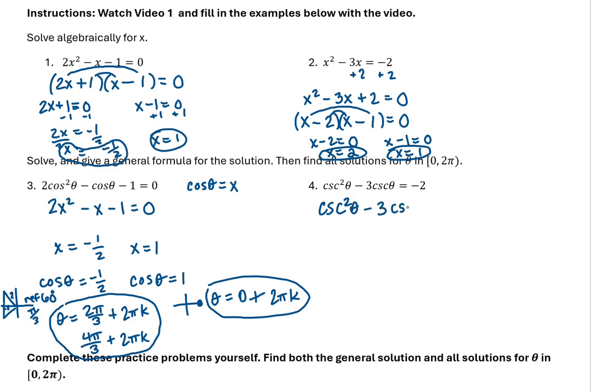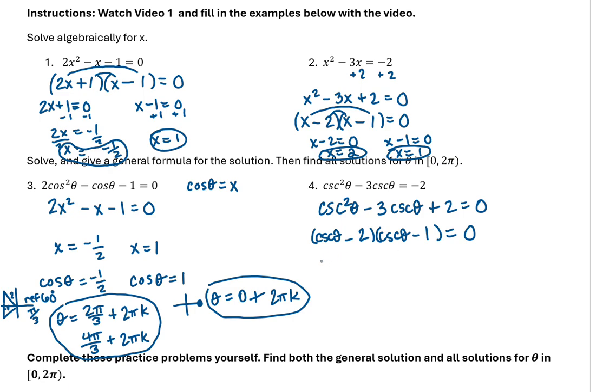So the first thing I would do is add 2 to both sides, just like above, and then I would set up my factors. The first term would need to be cosecant theta and cosecant theta to make cosecant squared theta. My last term is 2, so that has to be 2 and 1. And then I want it to be negative in the middle, so I make those 2 negative.